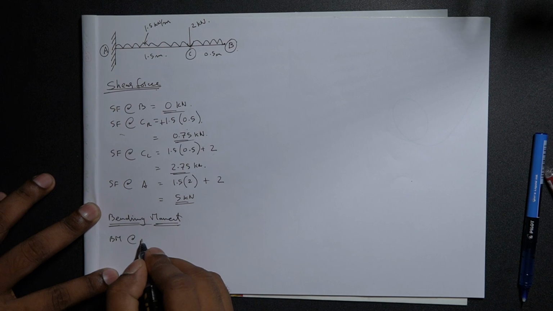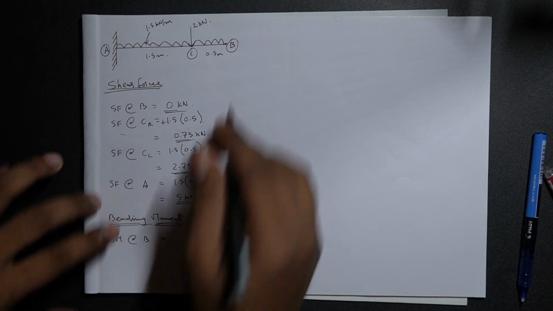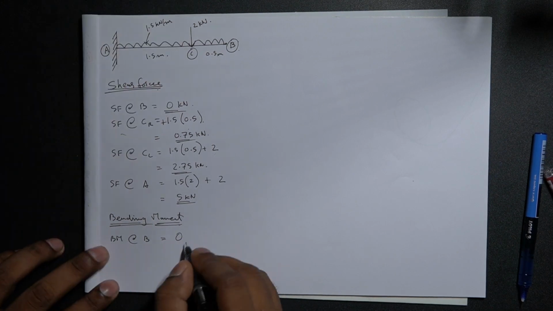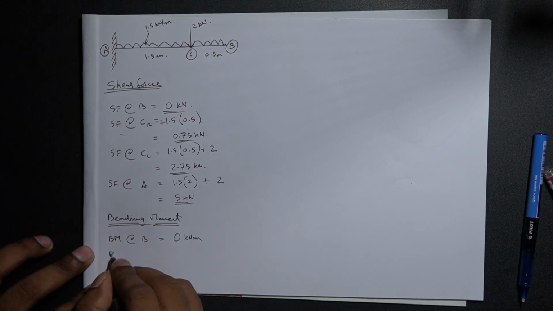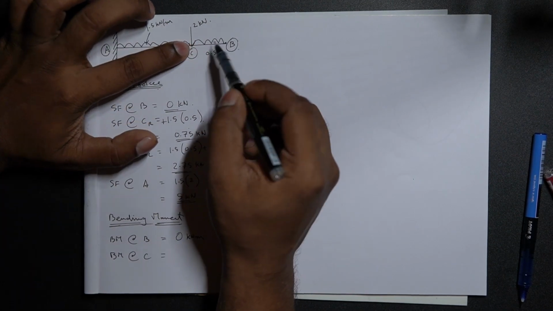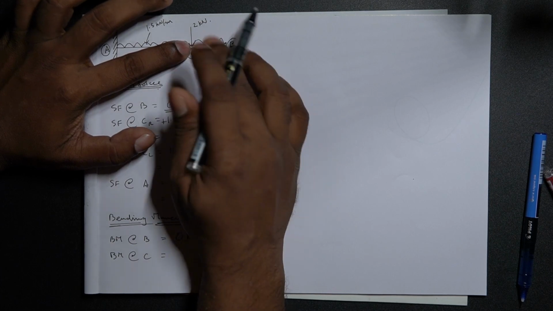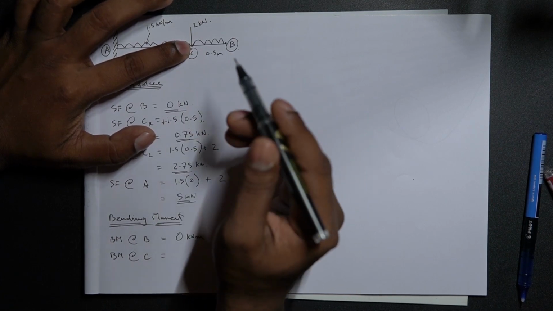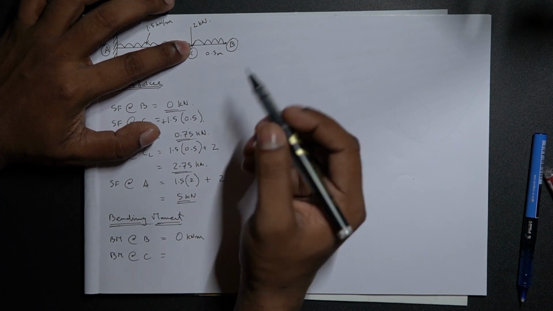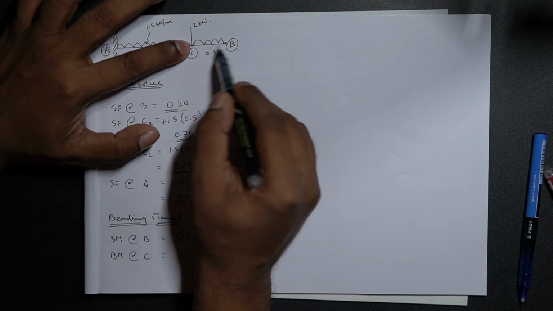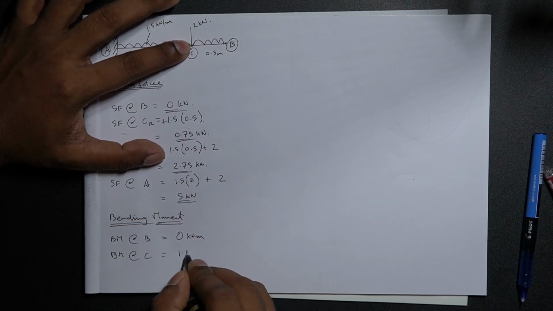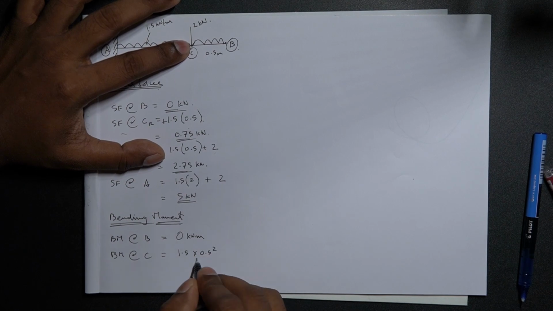Bending moment at point B. At point B, there is no lever arm, so the bending moment at point B should be 0 kilonewton meter. Bending moment at point C. At point C, we have a bending moment from the load acting downwards. It's causing hogging, so it is negative. The bending moment formula for a uniformly distributed load is WL squared by 2. So W is 1.5, L is 0.5, so that would be 1.5 times 0.5 squared by 2.